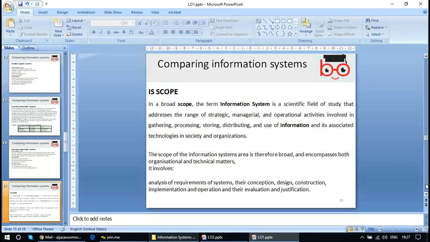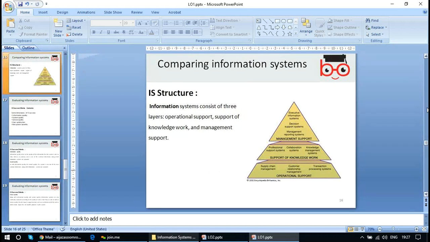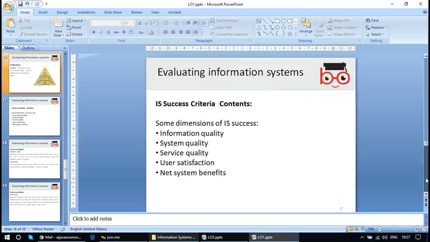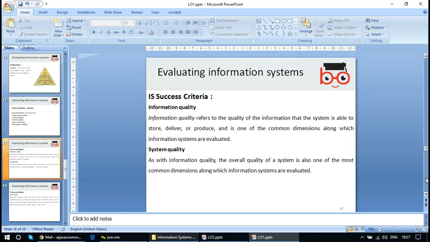That's one key point. Then you should be able to know the structure, that is, at what level, at which layer, what lies. Two things: what is the scope and what does it include within the structure, and then how you can make it successful by improving the information quality, system quality, service quality, user satisfaction, and availing the net system benefits.